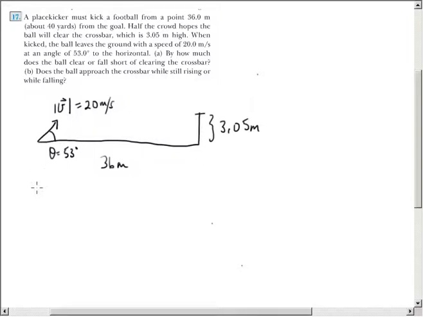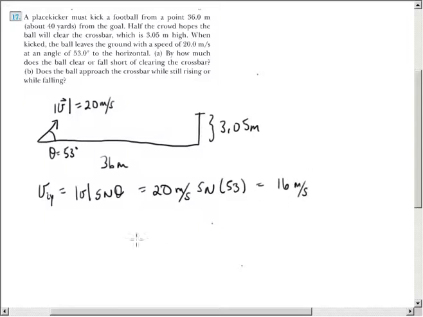I know that Viy will be equal to the magnitude of V times the sine of theta, and that's going to be 20 meters per second times sine of 53 degrees, which equals 16 meters per second.